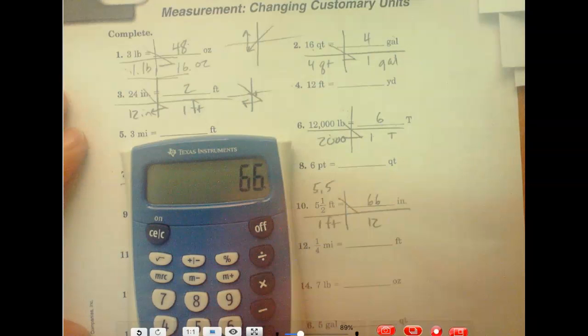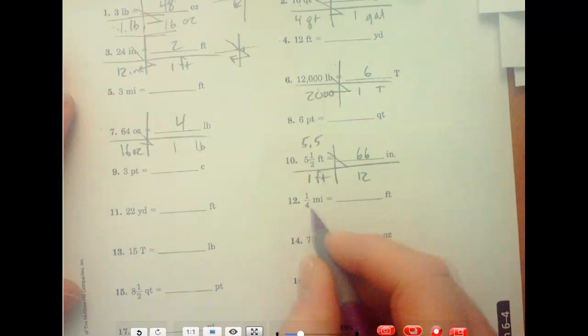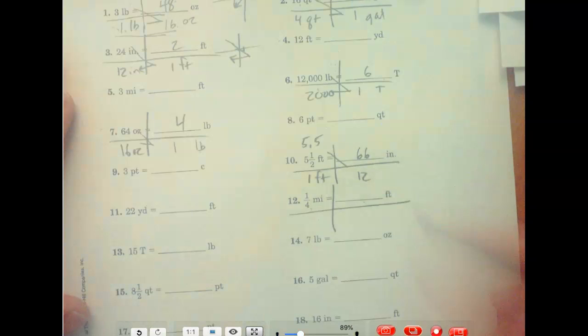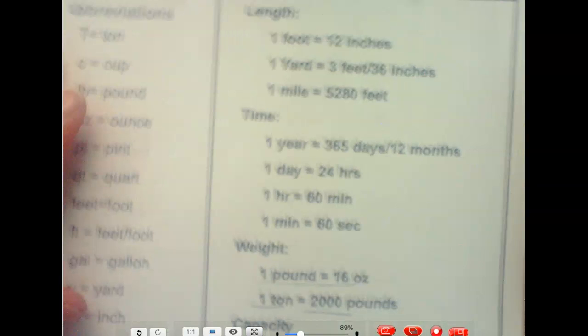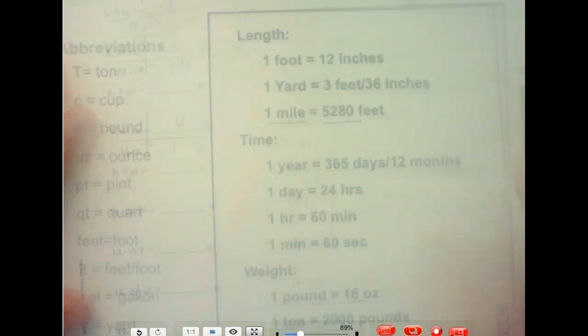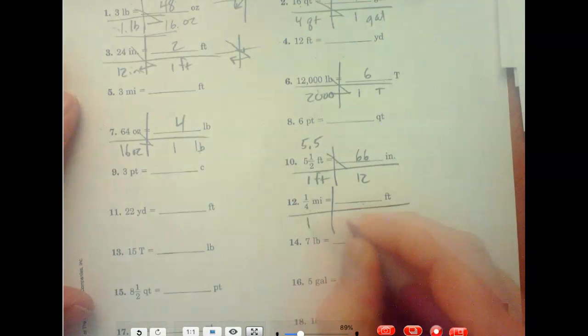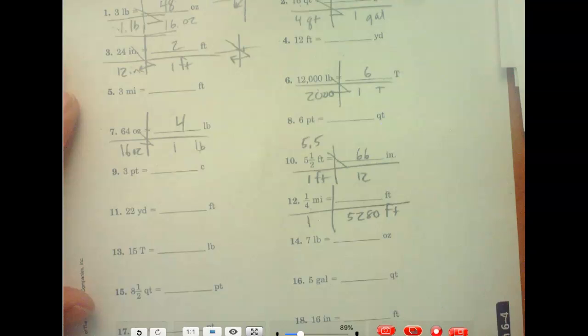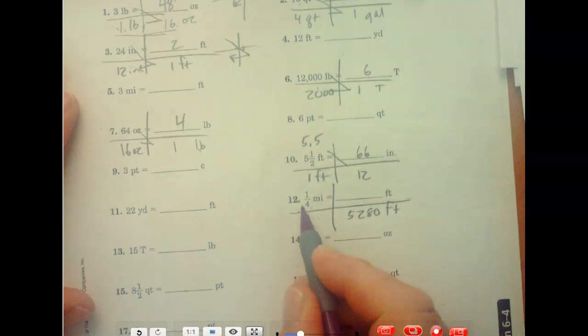Well, here's another one. 1/4 of a mile is how many feet? Well, let's put this in here. Let's look on our sheet here. Let's see, that would be length. 1 mile, 5,280. So make sure we get this. 1 mile, 5,280 feet. And how are we going to make quarter into a decimal?